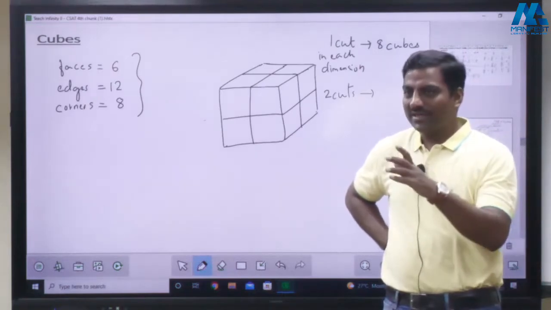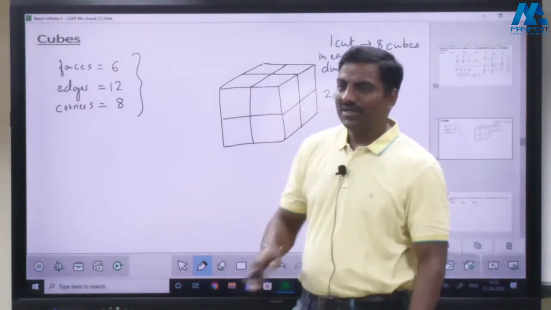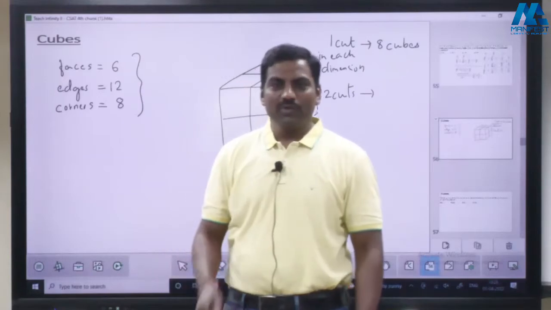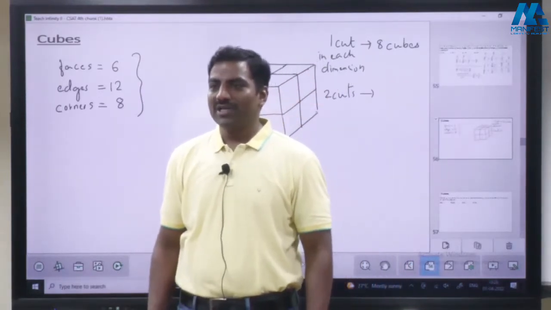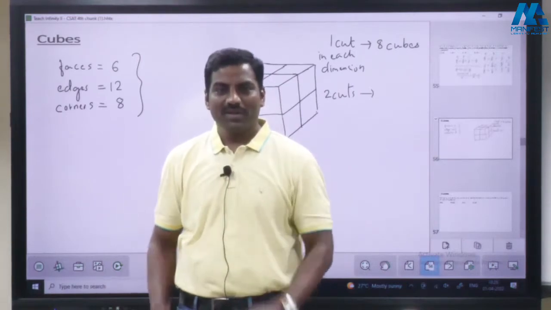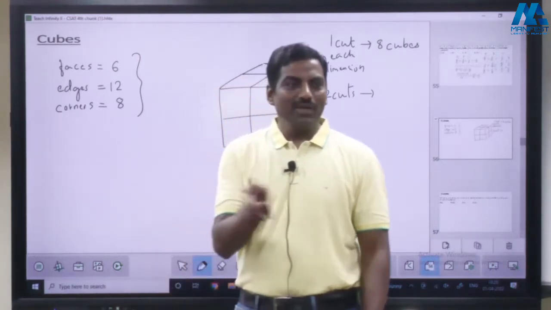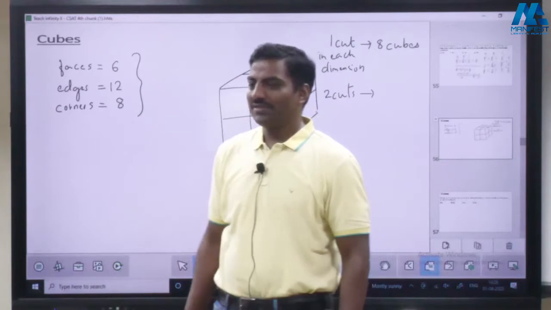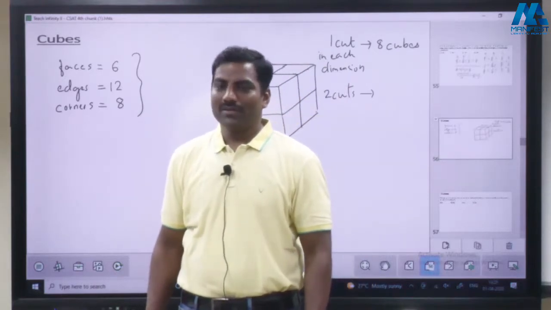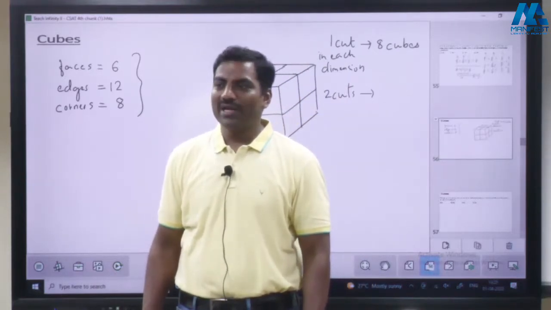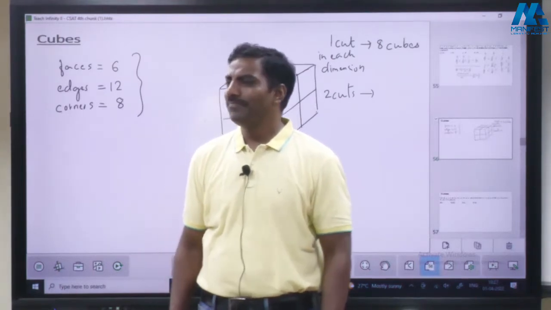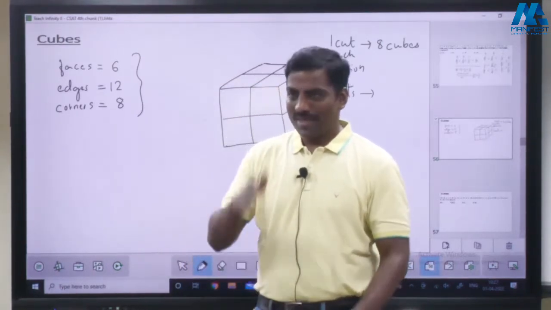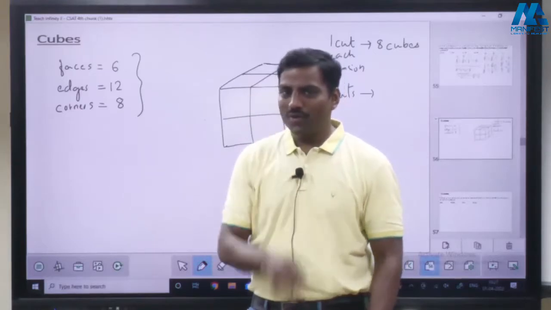Okay, take any object. Give two cuts on that object. Give two parallel cuts. How many smaller objects will you get? 3. Hold those 3. Again, give two proper cuts, parallelly. How many will you get? 2 cuts, 3 you got.